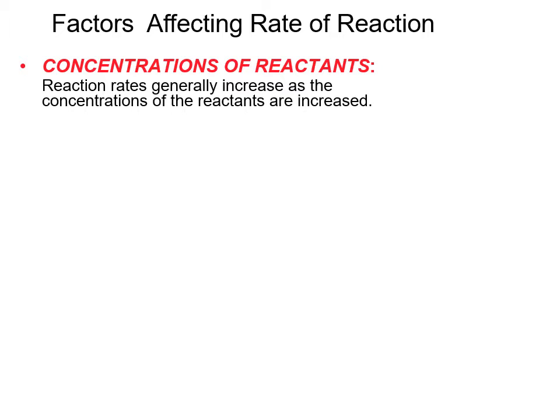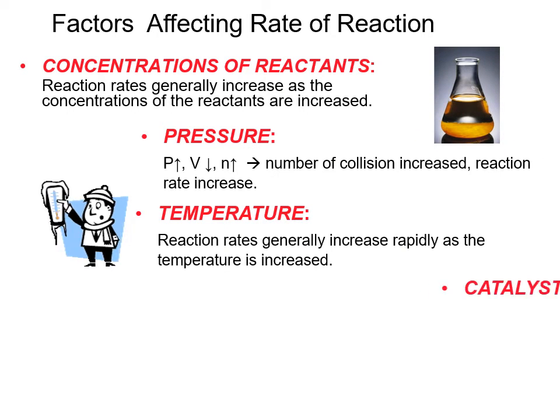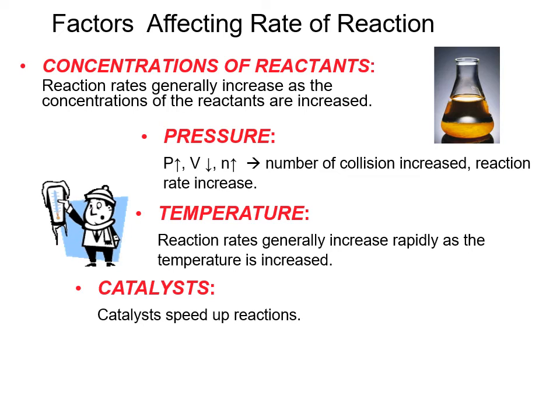The first one is concentration of reactants. If it increases, the reaction rate will generally increase. And for pressure, if the pressure increases, the volume will decrease, making the molecules of the gas near to each other. So the number of collisions increases, making the reaction rate increase.